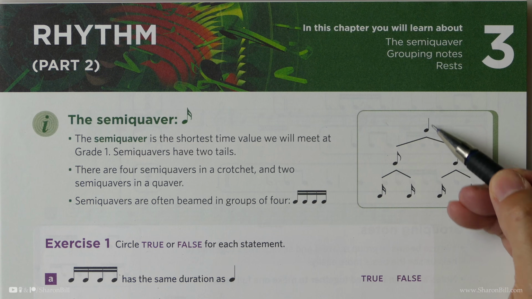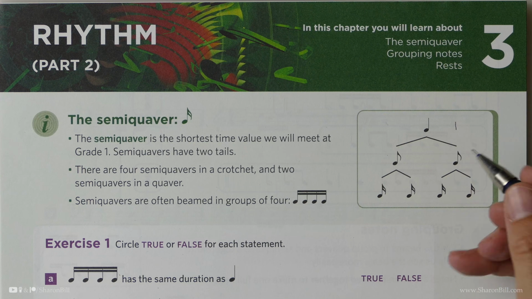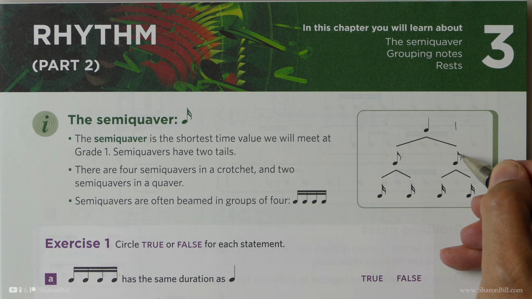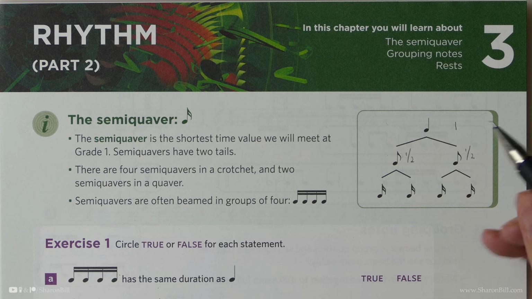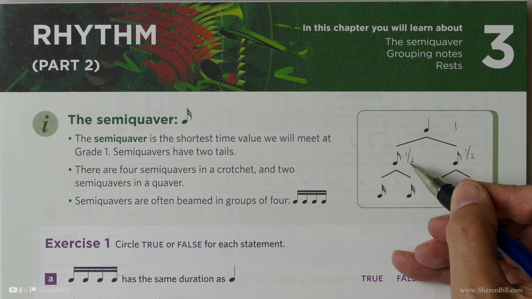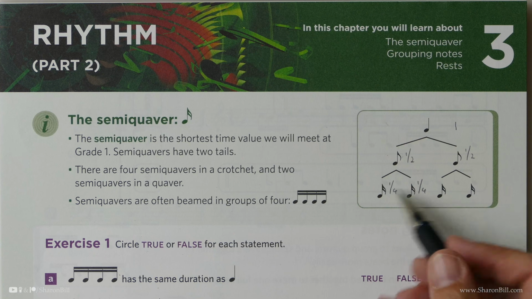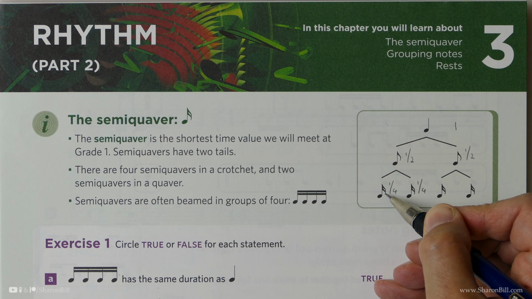We have the crotchet, which is just a stem, that's one beat. And then that divides into two halves with one little tail, so a half a beat and a half a beat, and then these halves divide up again, so half of a half is a quarter, so each of these now are a quarter of a beat, and you can see that we have two tails.